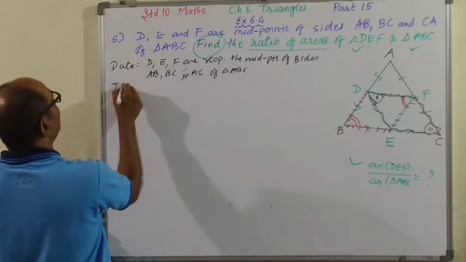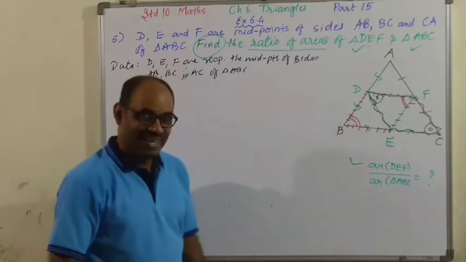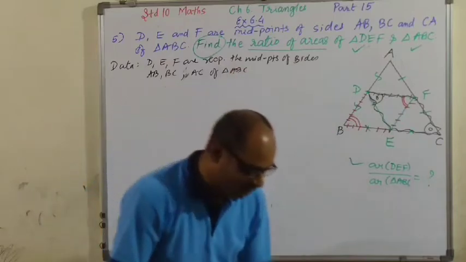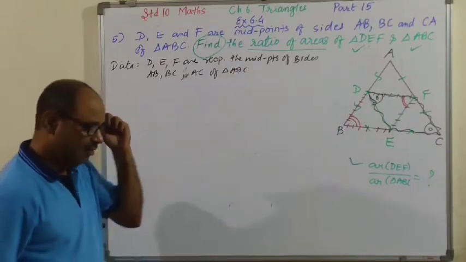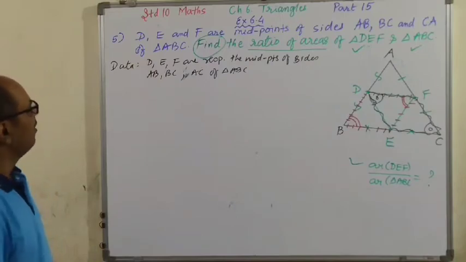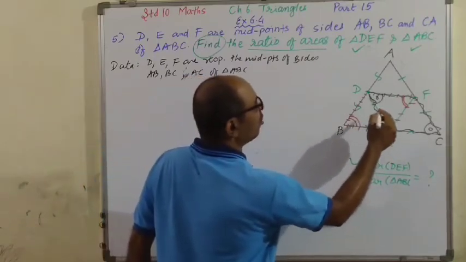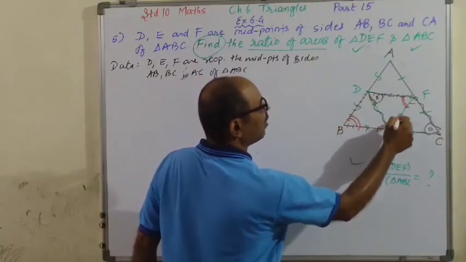Correct? That's it. To prove, not to prove. Okay, I've written the data again. We have to find; we don't have to prove here. Alright? Fine, the data is written. I'll start. I want to show this mark.